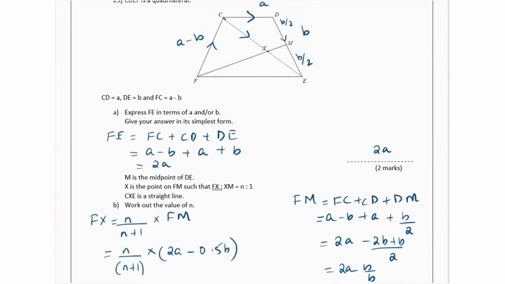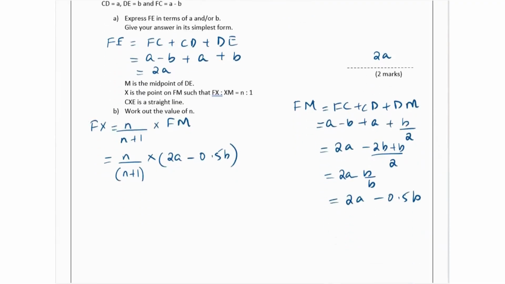Now, another equation for FX is going to be FC plus CX, or FE plus EX. Since we have both FC and FE, we can use either of these. I'm going to choose FC plus CX. There's no compulsion for that.